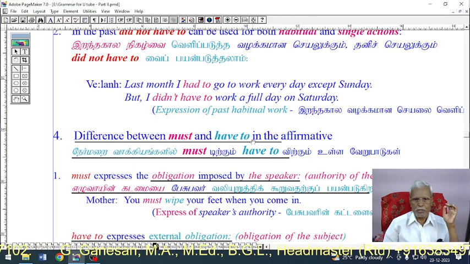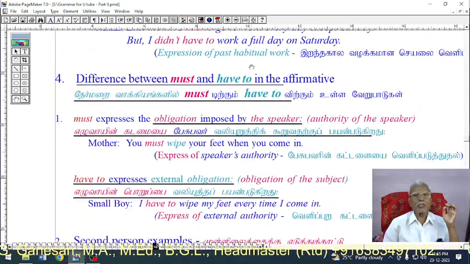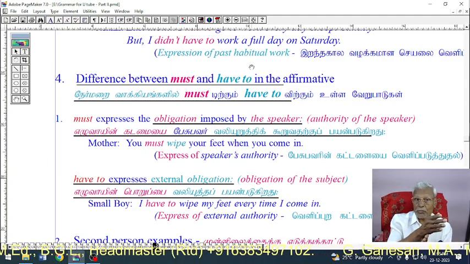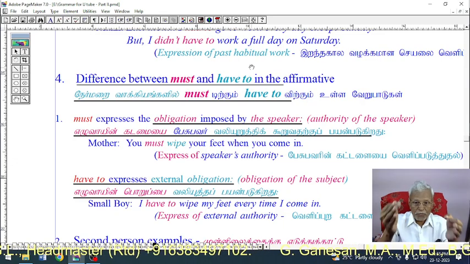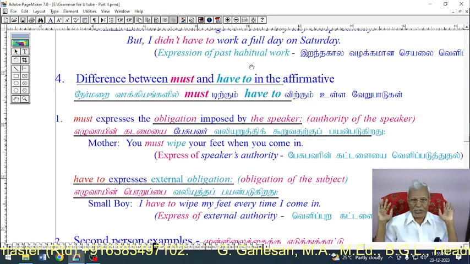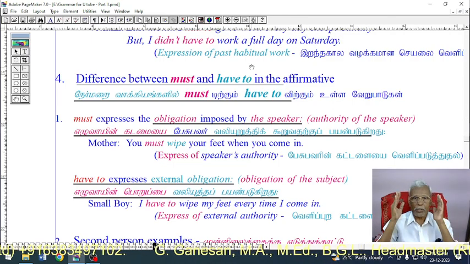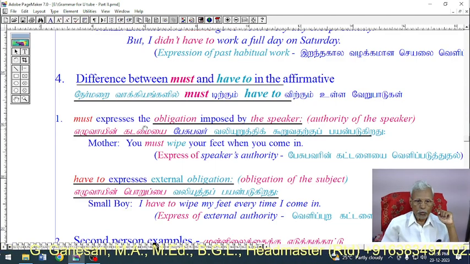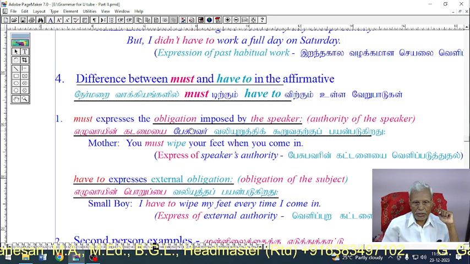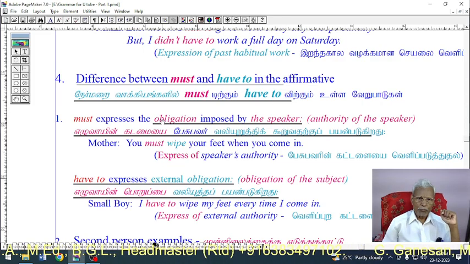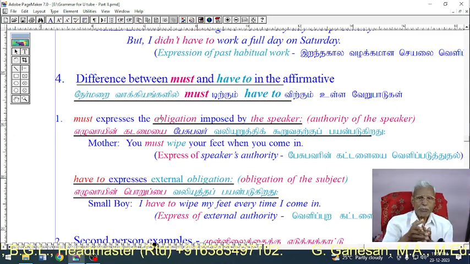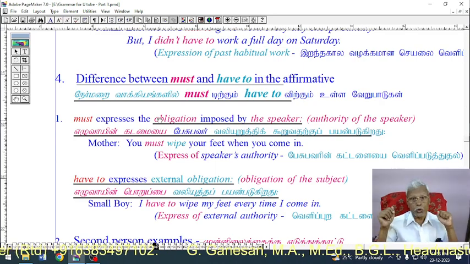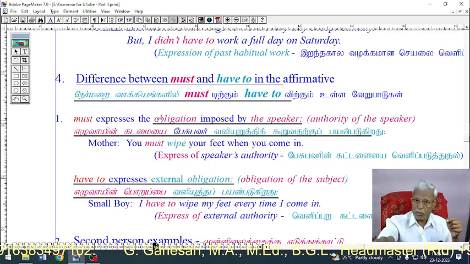Difference between must and have to in the affirmative. My dear students, listen carefully. That is the difference between must and have to in the affirmative, that is, in the positive sentences. One, must expresses the obligation imposed by the speaker, that is, must expresses the authority of the speaker.